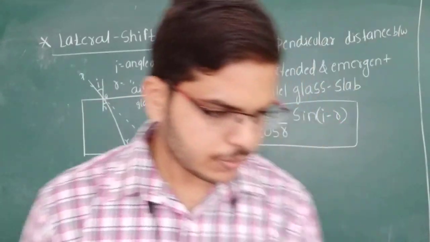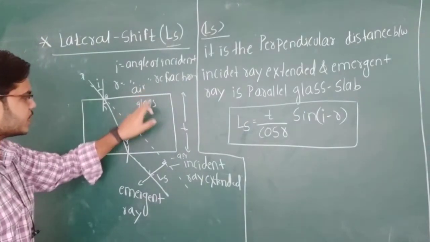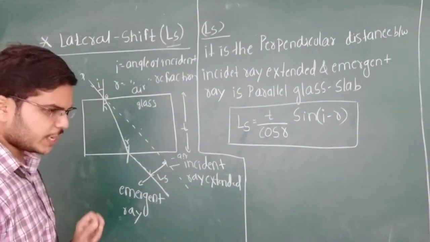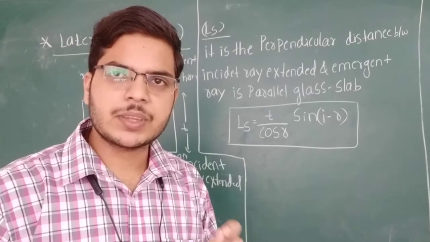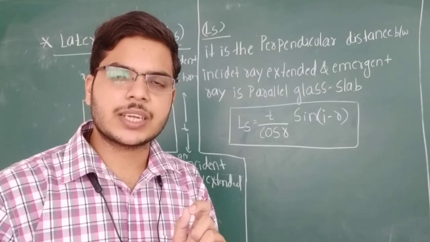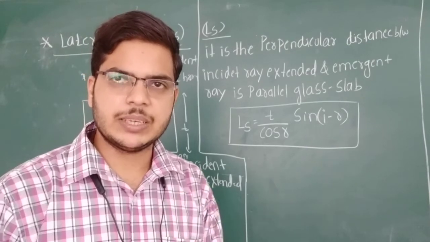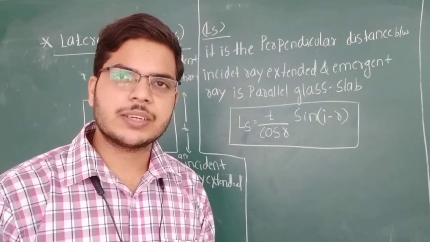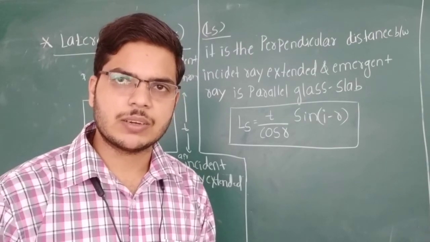Now, this is air medium, this is glass medium, this is again air medium. We know that air medium is a rarer medium compared to glass. Here, glass medium is taken as a denser medium. The refractive index of glass is 1.5 and the refractive index of air is 1.